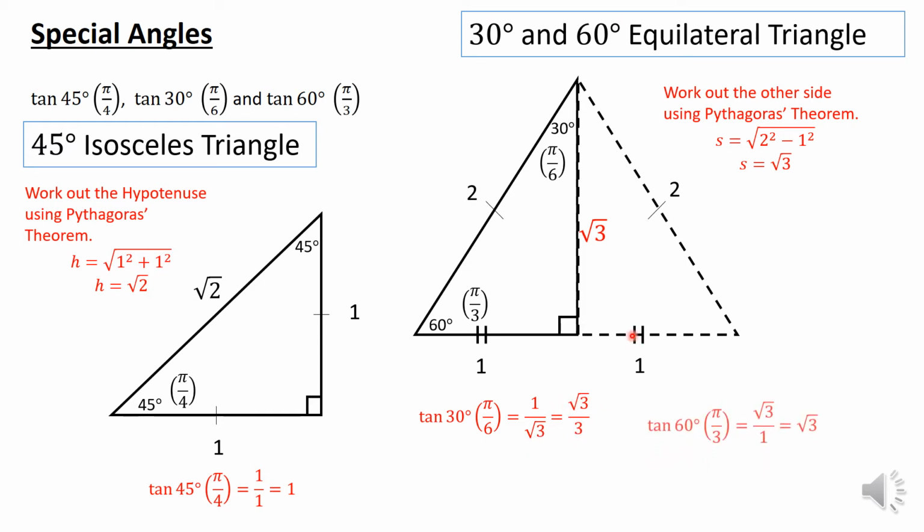You can also calculate the tangent of 60 degrees or the tangent of pi upon 3 radians. The tangent is going to be that opposite, which is root 3, upon the adjacent, which is 1, basically just root 3. So these two triangles where you can calculate some values are the only triangles that you should try to remember.